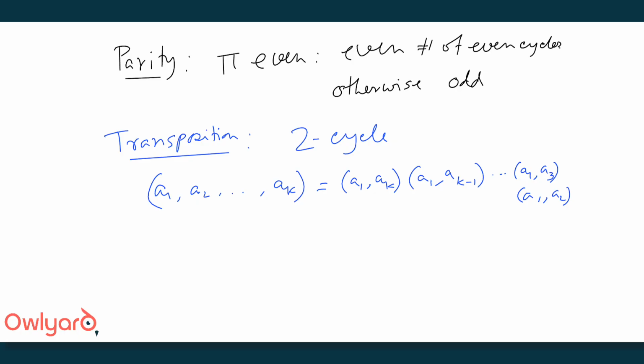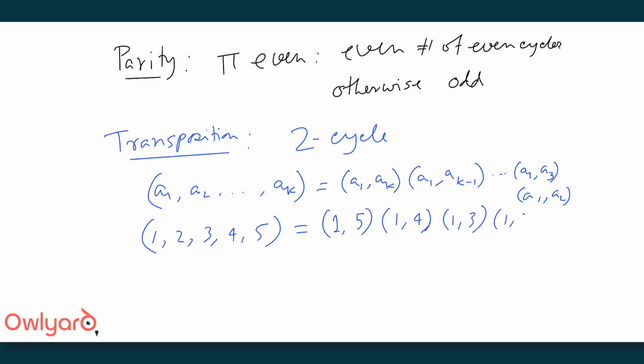Now note that this is actually not unique, and when I say this is not unique, let's take an example. Let's say I have the cycle (1 2 3 4 5). I can write it as a product of transpositions like this: (1 5)(1 4)(1 3)(1 2).